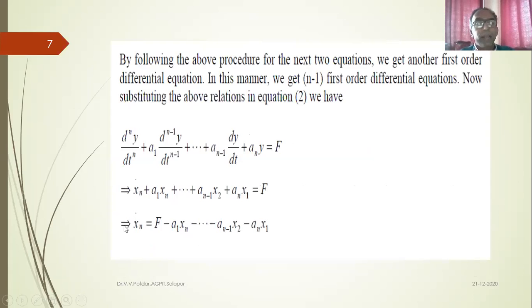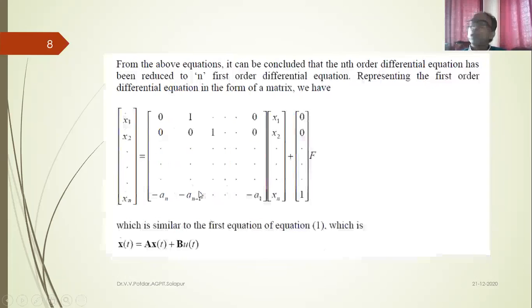That implies, taking all these terms to the right hand side, xn dot is equal to f minus a1 xn minus so and so, minus an x1. So this is how the higher order differential equation is converted into a set of first order differential equations.